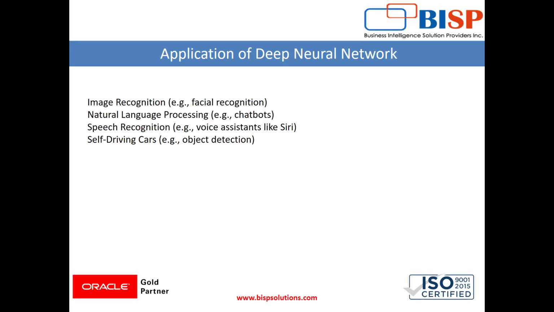Secondly, natural language processing, like chatbots, speech recognition, and voice assistants like Siri, or when we use the Google application, in that case also it gives you the speech recognition facility. Then self-driving cars. Now a self-driving car requires object detection. Whatever hurdles or obstacles come in front of the car, it should be able to detect.